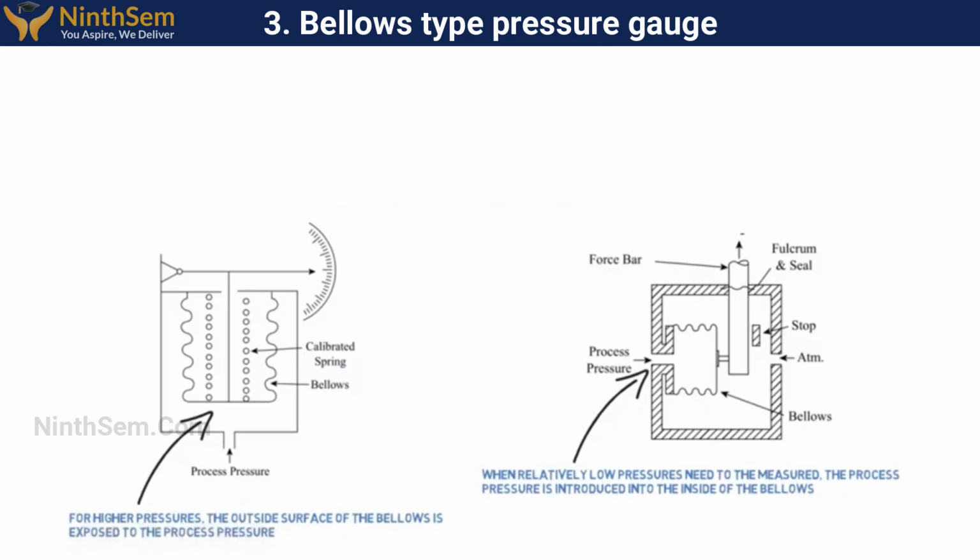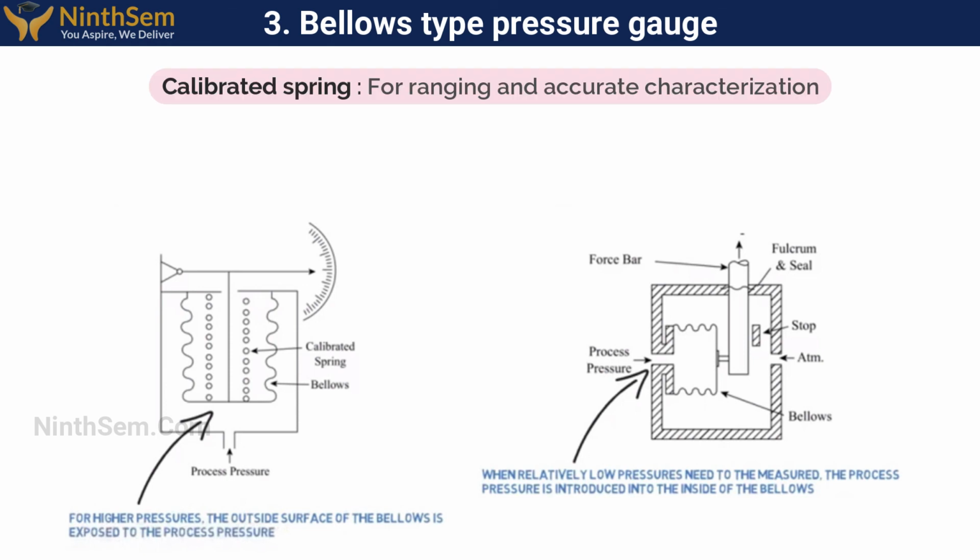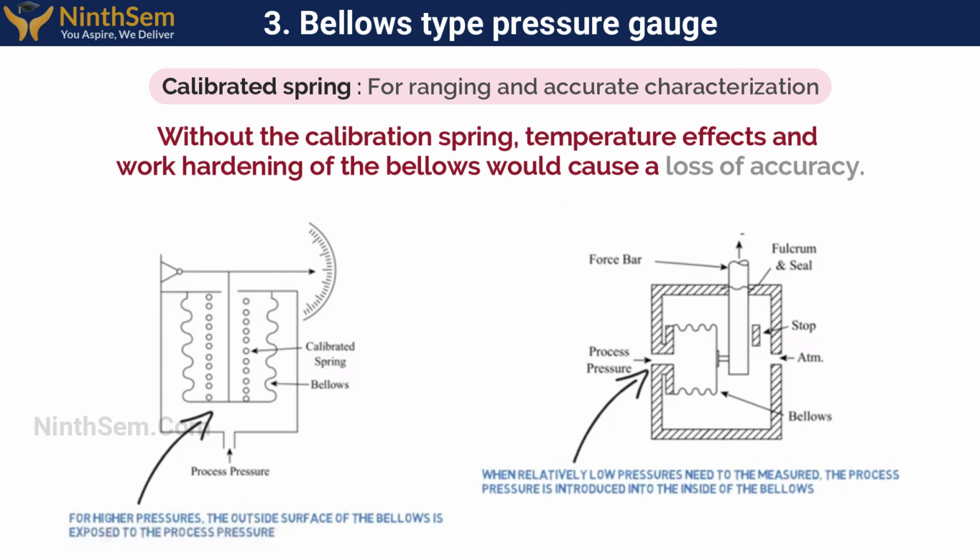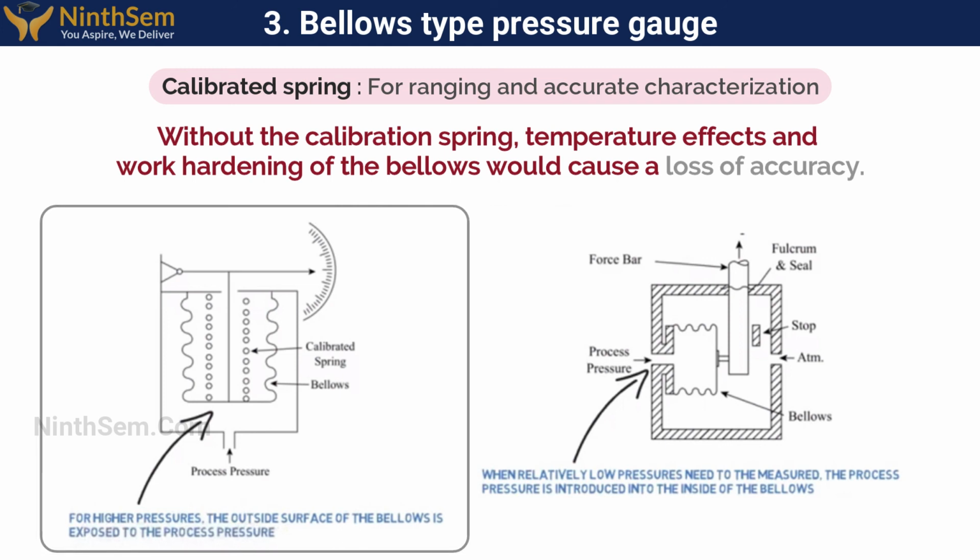When bellows are used as a pressure sensing element, it is desirable to add a spring for ranging and accurate characterization. Without the calibration spring, temperature effect and work hardening of the bellows would cause loss of accuracy. As you can see in the figure on the left side, a calibrated spring and bellows are used.